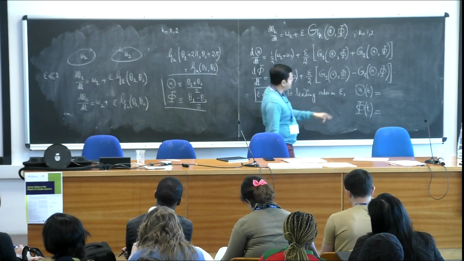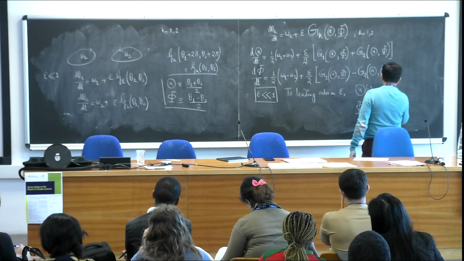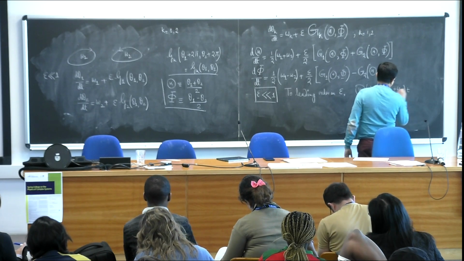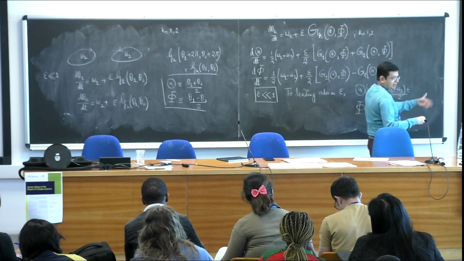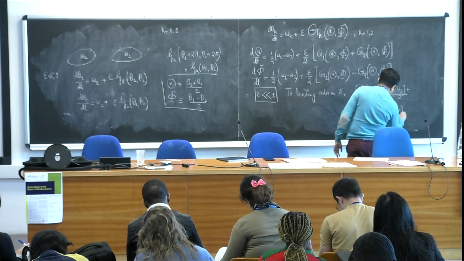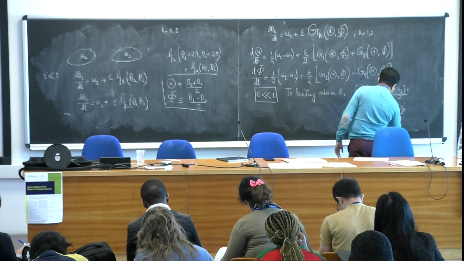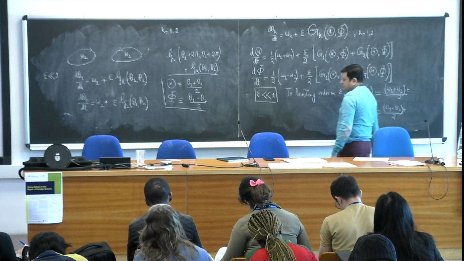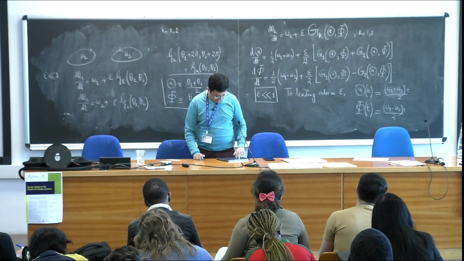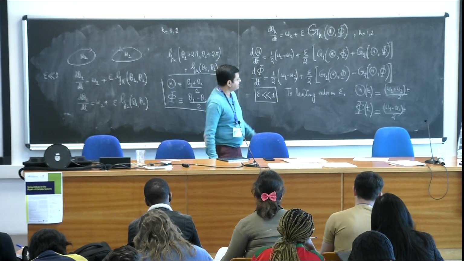So to leading order in epsilon, this will have a very simple solution, omega 1 plus omega 2 times t by 2. To leading order, there will be corrections. And this one will be omega 1 minus omega 2 times t by 2. There will be some initial condition, but I can forget that.